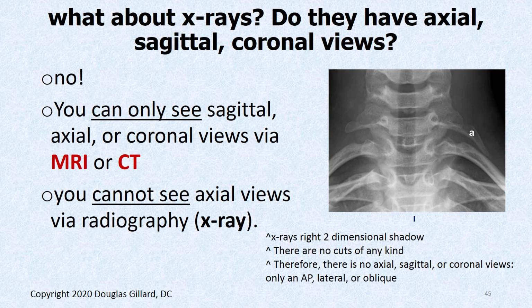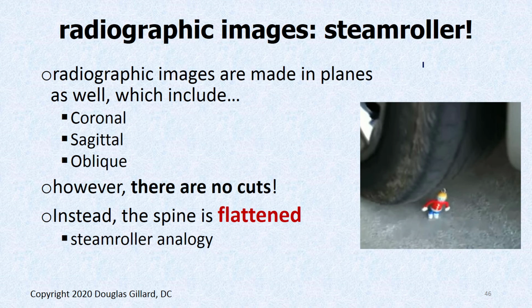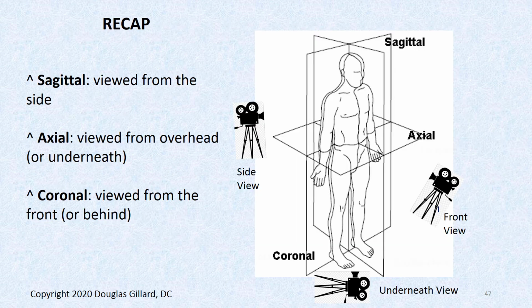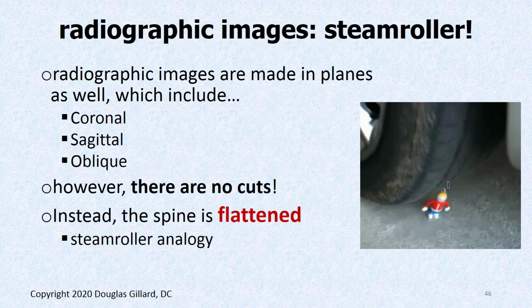I teach this in another video, but X-ray images are, instead of the computer slicing you up into pieces, they smash you flat like a steamroller. There's Mr. Bill, in one of the episodes, getting run over by a car and smashed flat. But that's a good way to think of radiographs. Did I not put one in here? I guess I put one here.